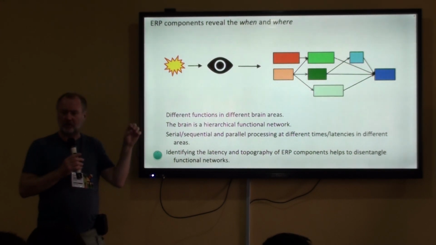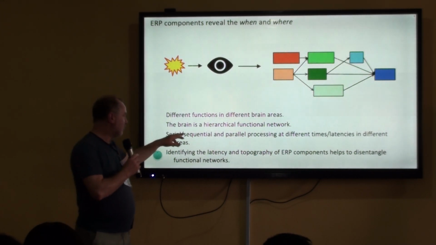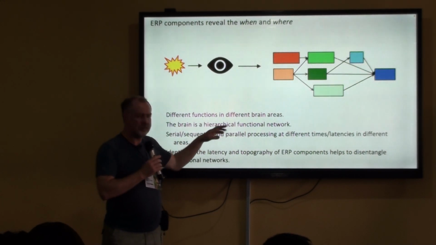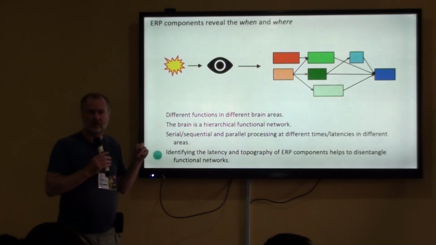We have different functions in different brain areas, and we really think of the brain as a hierarchical functional network. At the same time, we have serial sequential processing and parallel processing at different times and in different areas.